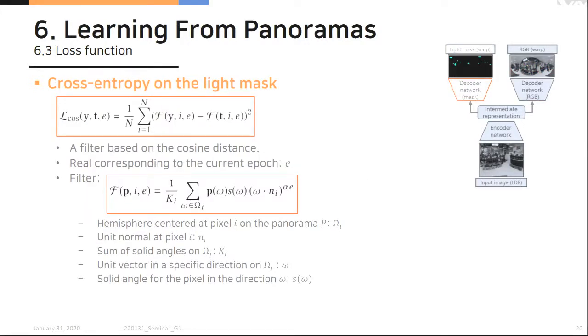And they use cross entropy on the light mask. This is a filter based on the cosine distance.